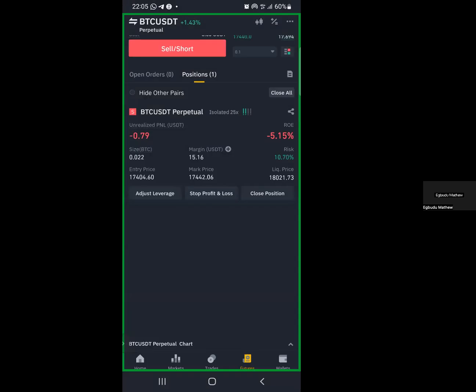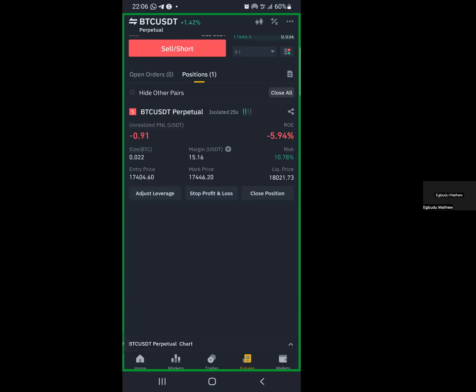Now, most times when signals are being sent, as you can see, initially, I was having minus 7% or minus 8%. This is my unrealized, if you check on top of 0.91, it's called unrealized PNL.